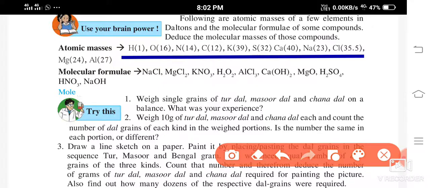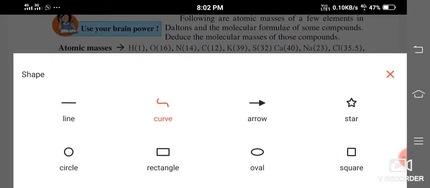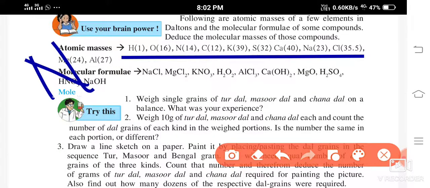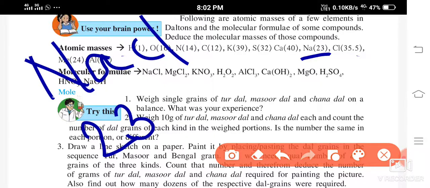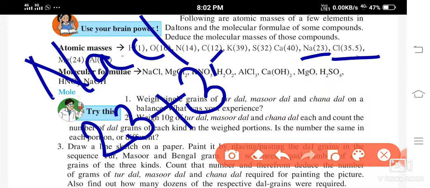So let me show you the first one, sodium chloride, NaCl. Sodium, as you can see above, is 23, only one atom of sodium, plus chlorine is 35.5.